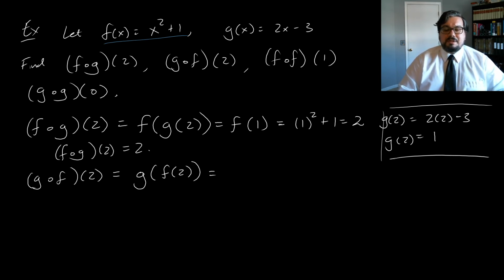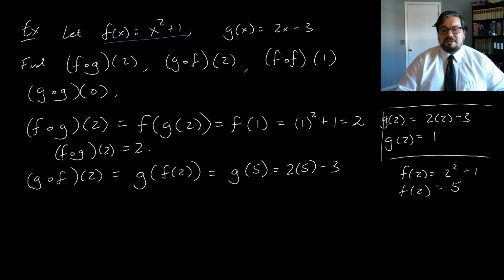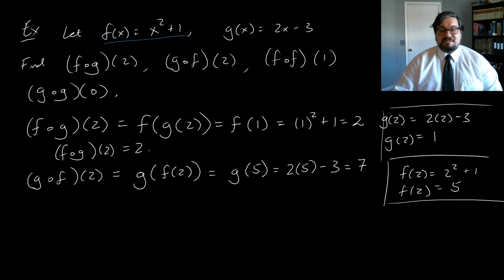So for g composed with f of 2, we can figure out what f of 2 is over here. f of 2 is 2 squared plus 1. 2 squared is 4, plus 1 is 5, which means that g of f of 2 is equal to g of 5. Now we can use the definition for g. g of 5 will be 2 times 5 minus 3. 2 times 5 is 10, so 2 times 5 minus 3 is 7. So that means that g composed with f of 2 equals 7.